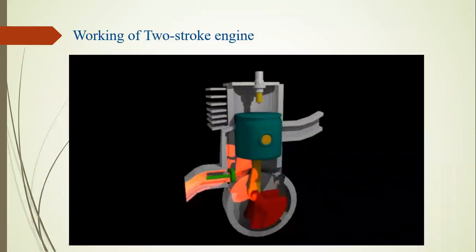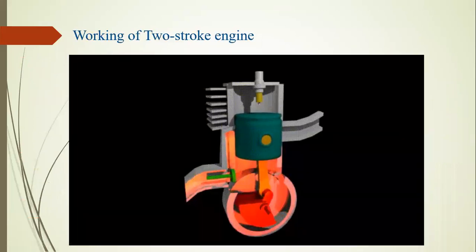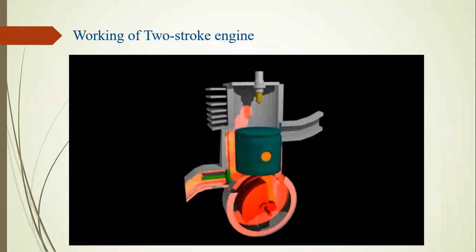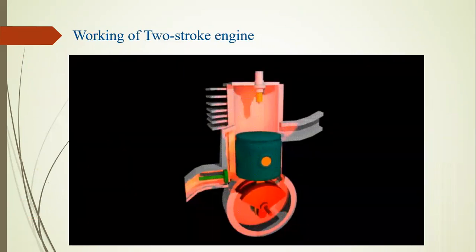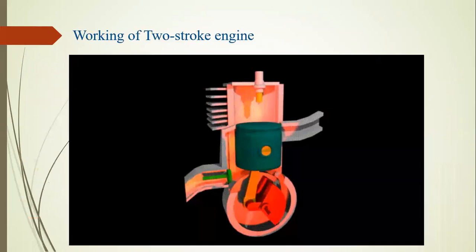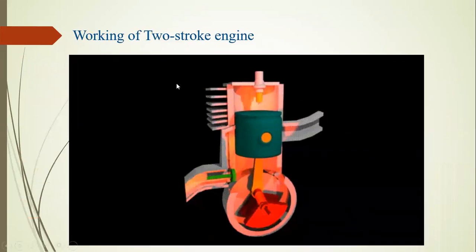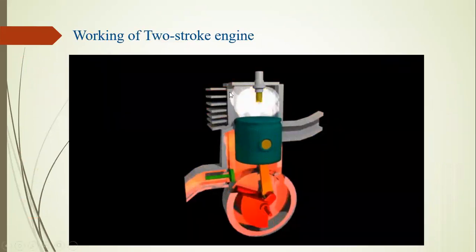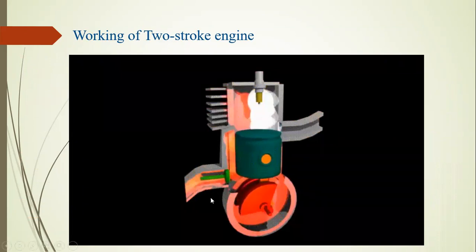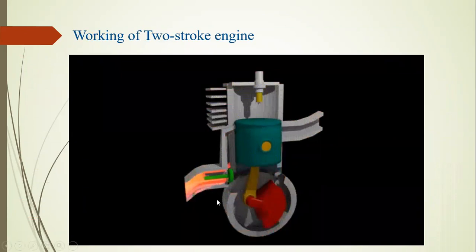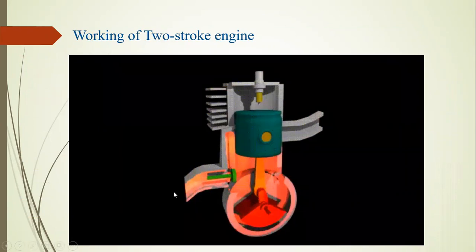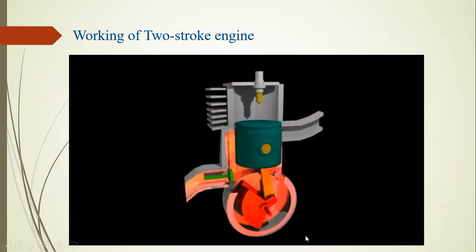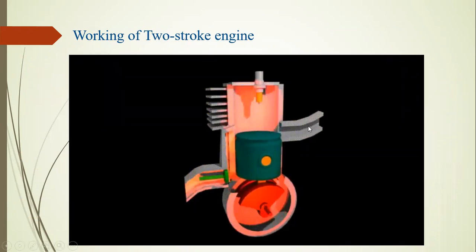Here is the working animation file for the two-stroke engine. Let's view it and then see how the engine works. This portion is the cylinder top side and this is the cylinder bottom side. This is the inlet port and this is the outlet port.